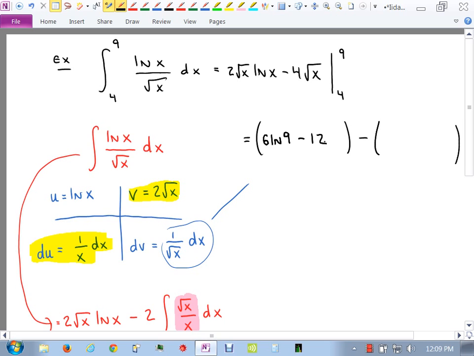Square root of 4 is 2. 2 times 2 is 4. 4 ln of 4 minus 8. Which gives me 6 natural log 9 minus 4 natural log 4. Let's see, minus 12 plus 8 is minus 4. Do y'all agree with that?